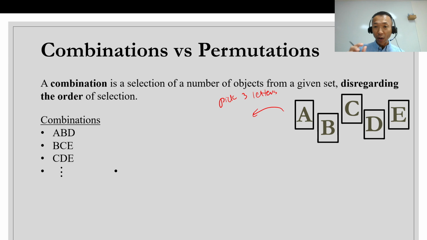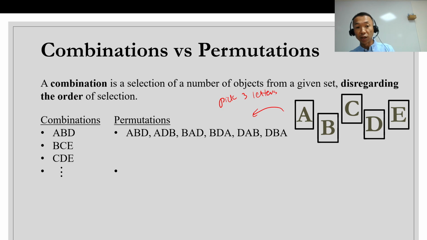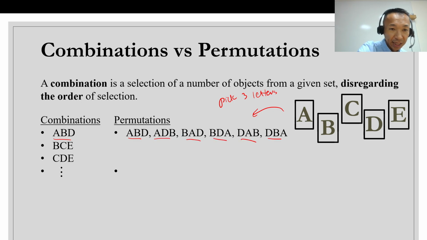But we have learned how we can arrange 3 out of 5 letters. Am I right? We have done that before, which is permutations. So for each combination ABD, I could have ABD, ADB, BAD, DBA, and so on. This essentially is 3 factorial ways. For each other combination, you have another 3 factorial ways.